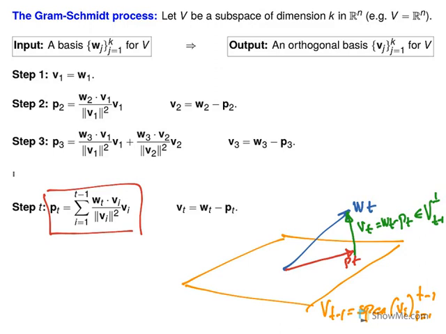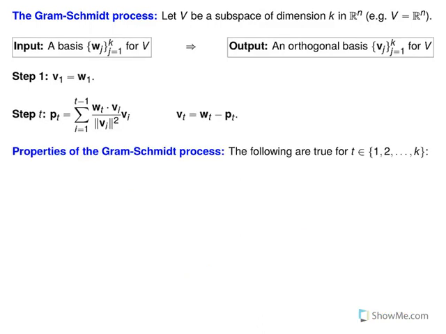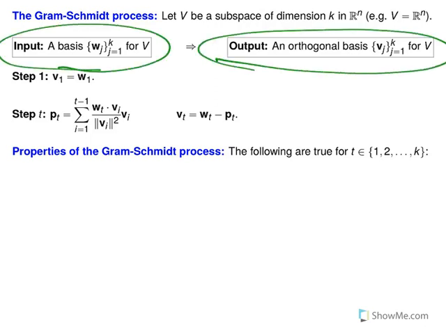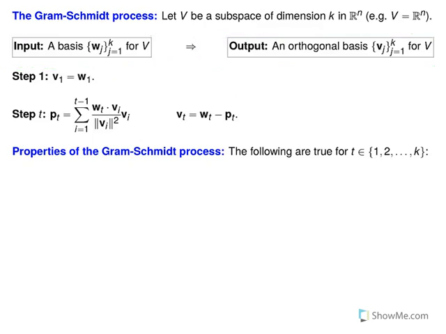So this is the Gram-Schmidt algorithm. Here I summarized it. The input is any basis, the output is an orthogonal basis. And all the steps, except the first, look the same.